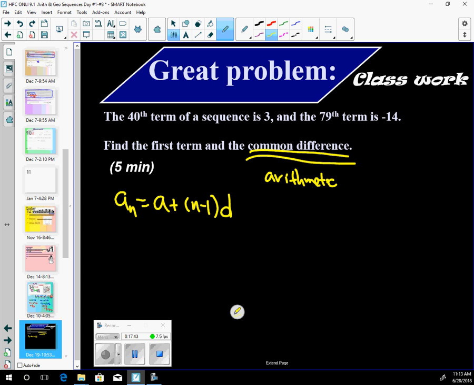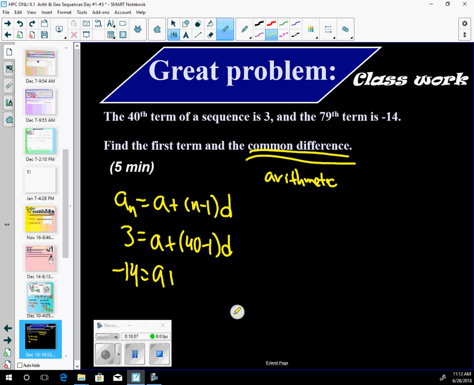Now it says the 40th term is 3. So 3, we don't know the first term. We do know it's 40 minus 1, and we don't know the difference. We do know that the 79th term is negative 14.